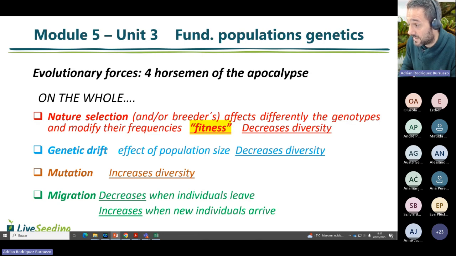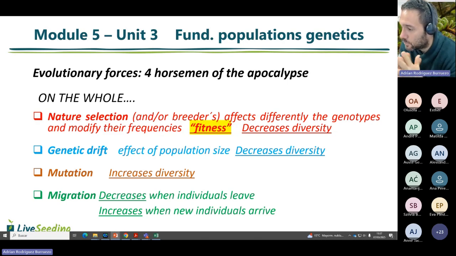It is logical to think that those genotypes less represented in the population will probably disappear. So it is a very extreme case, but it's simple to understand the effect of genetic drift. And I will put more detail in the practical demonstration.